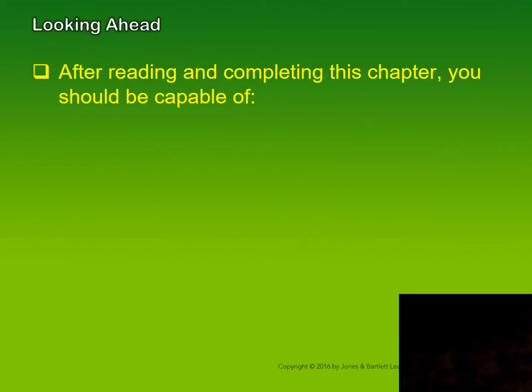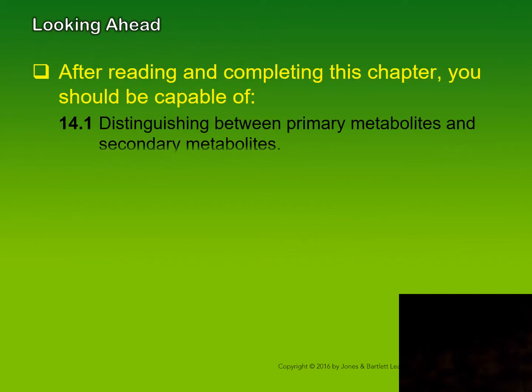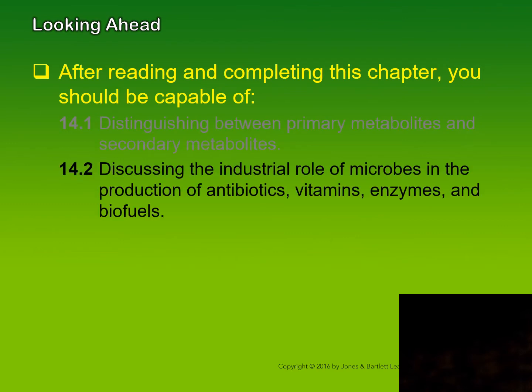So after reading this chapter, you should be able to distinguish between primary metabolites and secondary metabolites, discuss the industrial role of microbes in the production of antibiotics, vitamins, yeast, and biofuels.